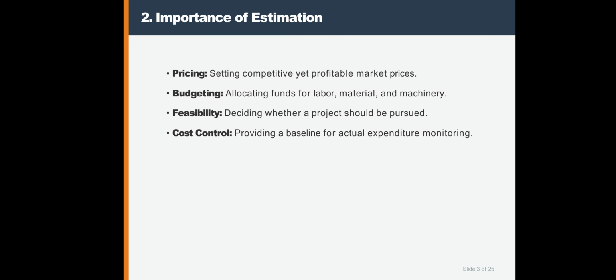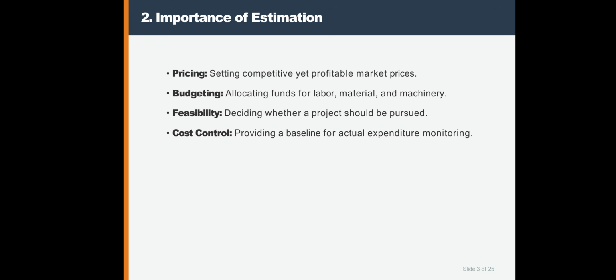Coming to the importance of estimation, there are 4 main important terms. First one is pricing, second one is budgeting, third one is feasibility, fourth one is cost control.